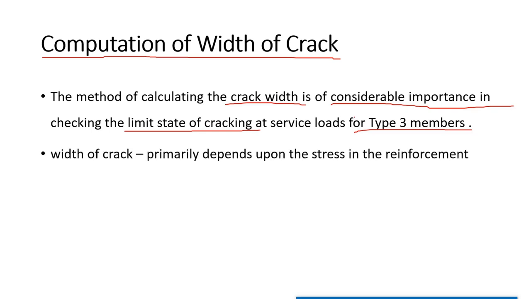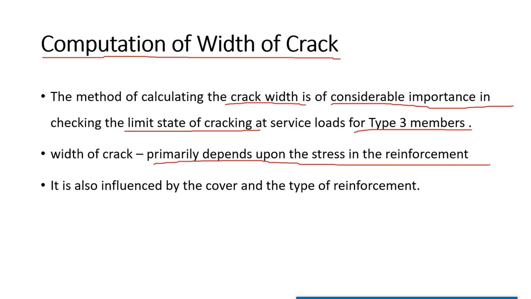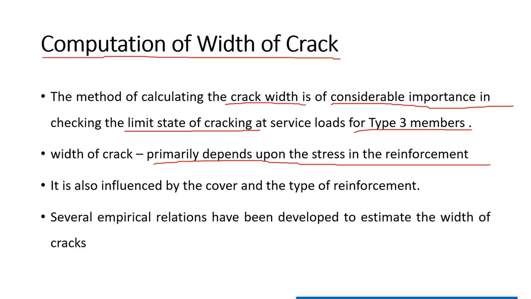Okay, then width of crack primarily depends upon the stress in the reinforcement, and it is also influenced by the cover and type of the reinforcement, how much clear cover we are providing, and the type of reinforcement used in the section. So these are the main important factors which affect the width of cracks.